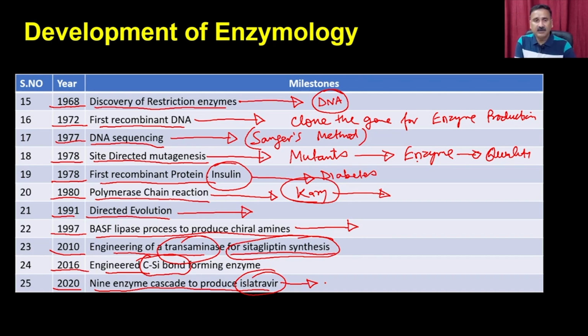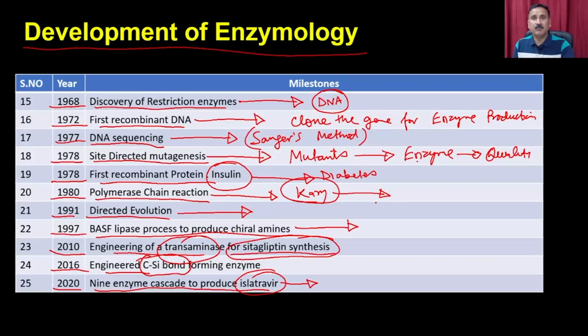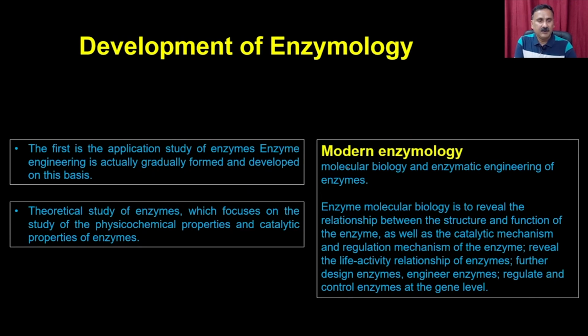So if you see how enzymology has developed over more than 100 years, it has developed in 3 different ways. The first is that it was developed as an alternative to the cell. Initially it was developed because the application of the enzyme was very strong. So the first is the application study of enzymes, right?